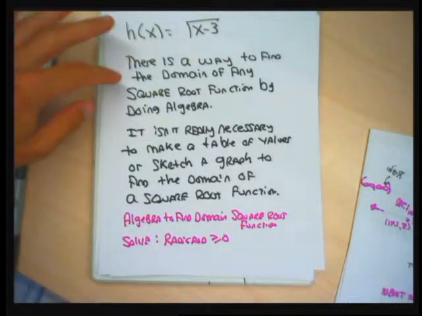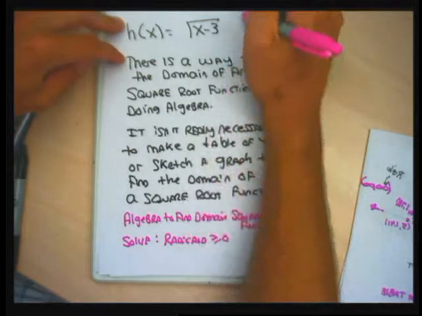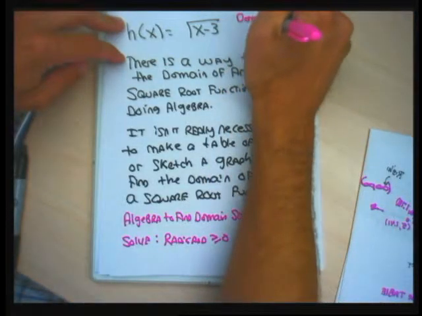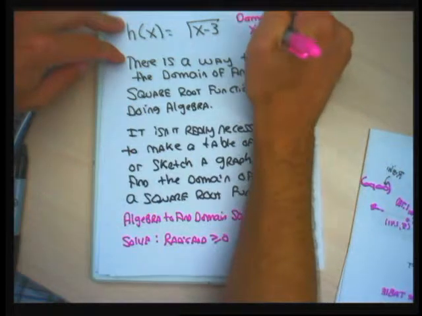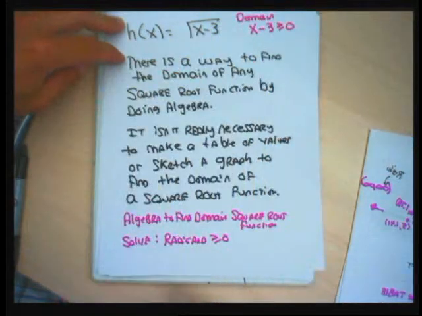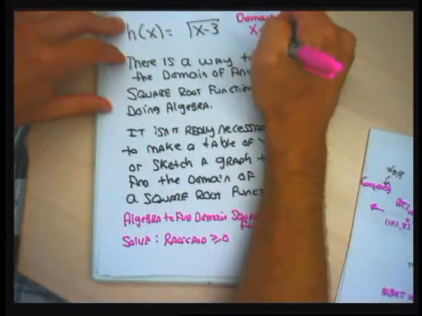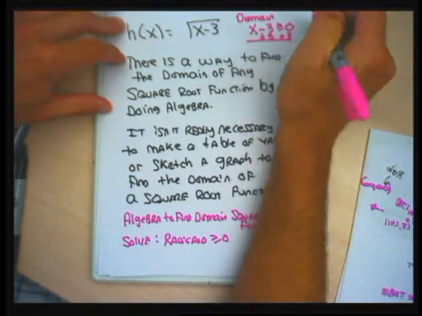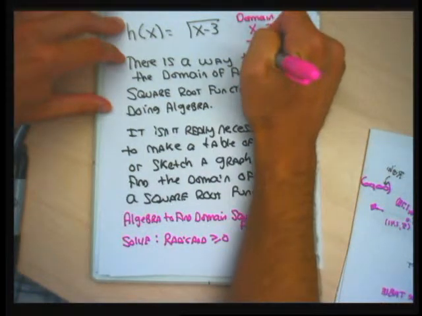So if I want to find the domain of this, I'd go like this. To find the domain without creating a table, without sketching a graph, I'm going to take the radicand, which is what's under the radical, set it greater than or equal to 0, and solve for x. To solve this for x, I'm just going to add 3 to both sides. On the left side, the 3's will cancel.